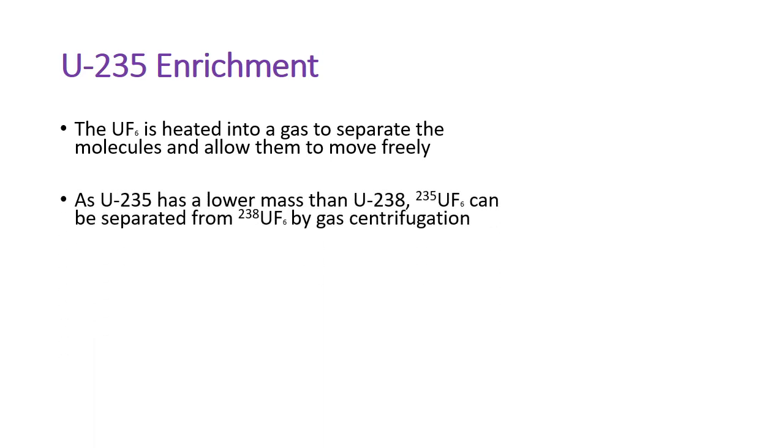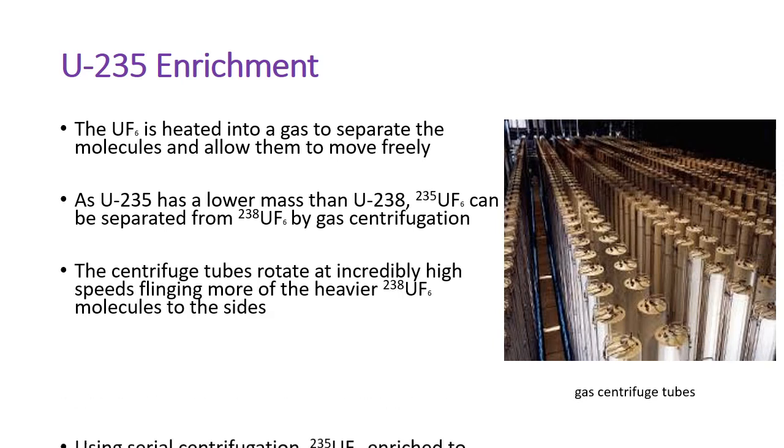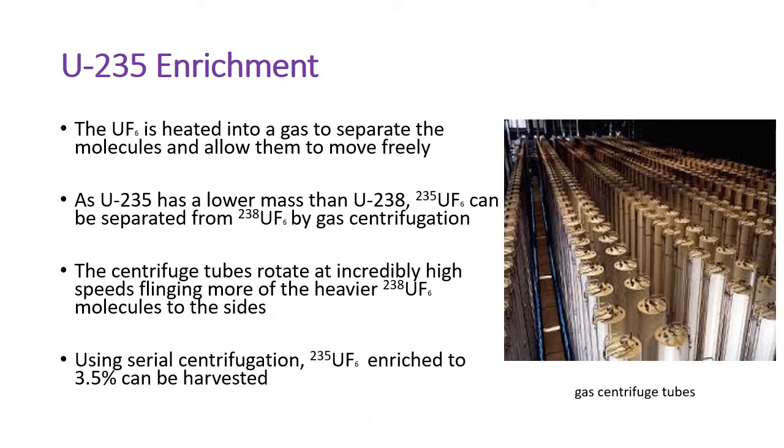And you note that uranium-235 has a lower mass than uranium-238, which means that uranium hexafluoride containing U-235 can be separated from uranium hexafluoride containing U-238 by a process called gas centrifugation. The picture on the right shows the gas centrifuge tubes. These tubes rotate at incredibly high speeds, flinging the heavy molecules to the side. The heavier molecules would be those uranium hexafluoride, which have uranium-238.